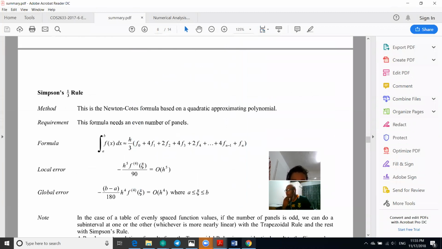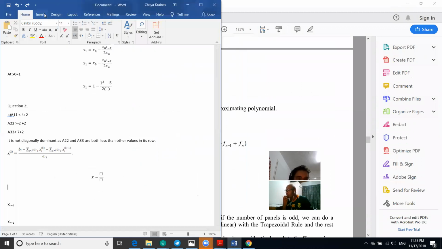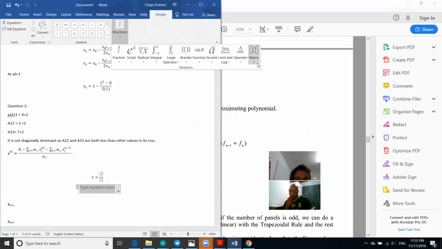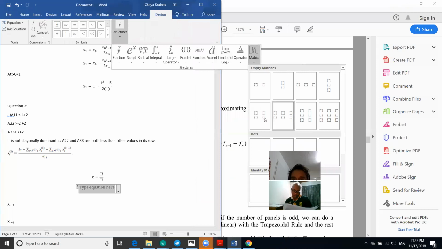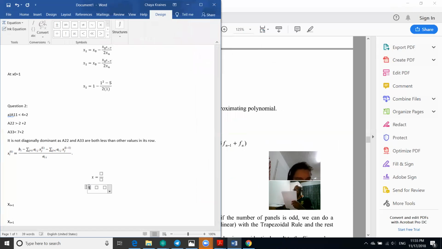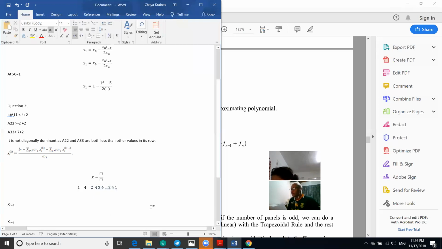Like if it was a matrix, it would look like this: 1, 4, 2, 4, 2, 4, and then eventually it goes back to 1. That's how I memorized that one. But first it's h/3.